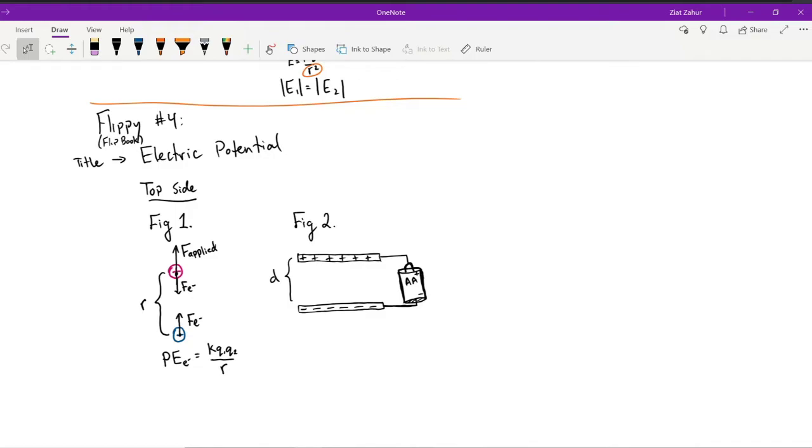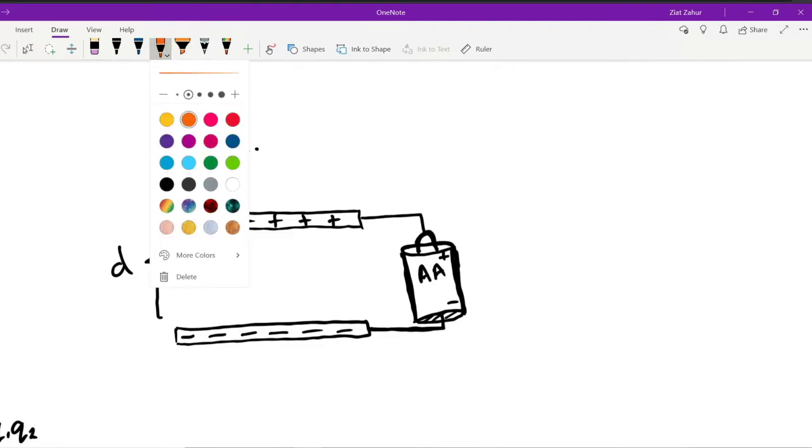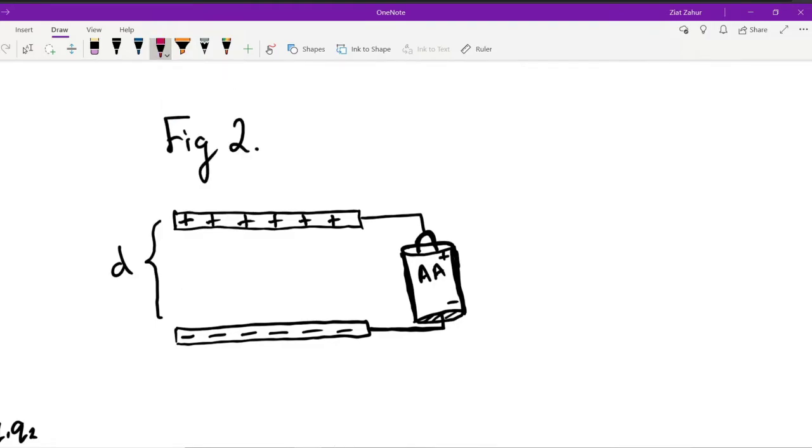And we know that the electric field, so let's use purple again, the electric field inside should be pointing away from the plus and towards the minus.